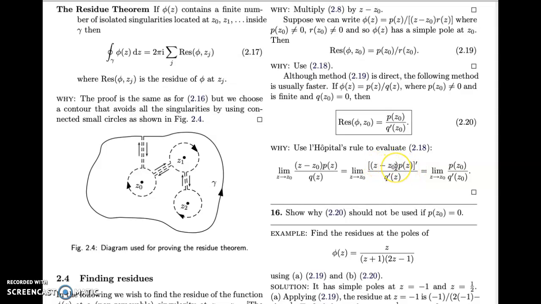So this is basically going to give us (Z minus Z0) times P dashed plus P. So because we're looking at the limit as Z tends to Z0, the (Z minus Z0) times P dash term will vanish, and we just get left with P of Z0 divided by Q dash of Z0.